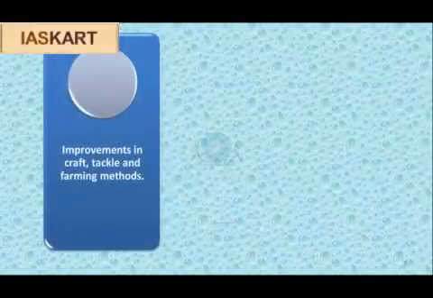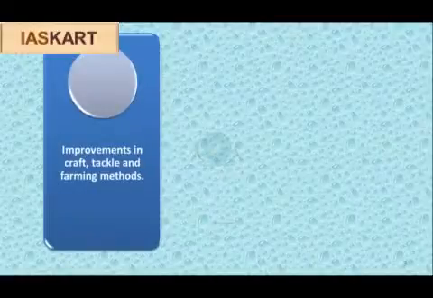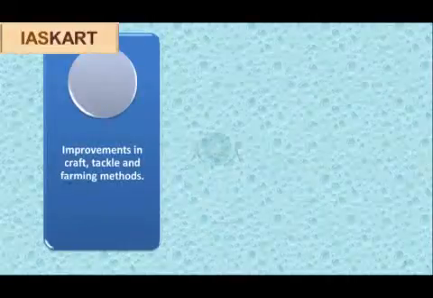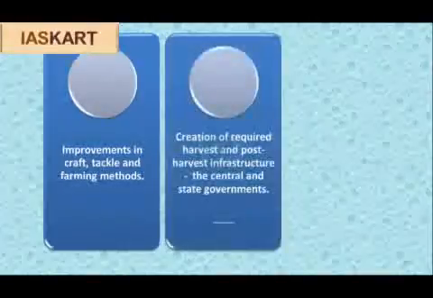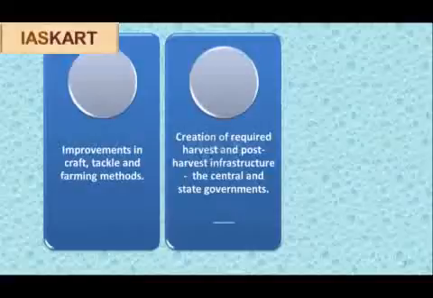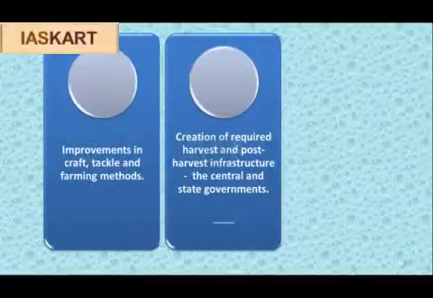During the past decades, Indian fisheries and aquaculture has witnessed improvements in craft, tackle, and farming methods. Creation of required harvest and post-harvest infrastructure has been receiving due attention from the state governments. All this has been inducing a steady growth.